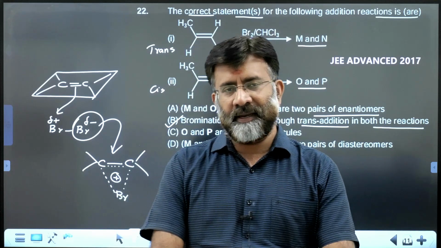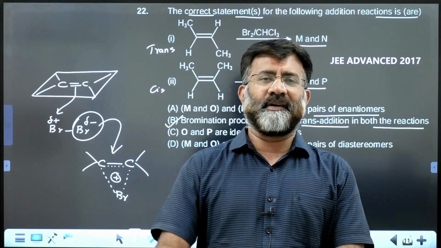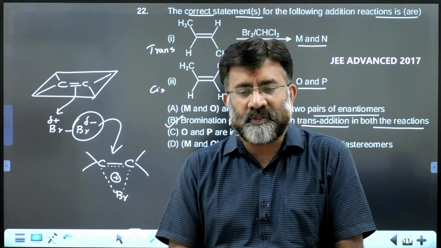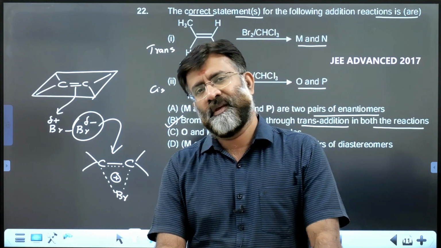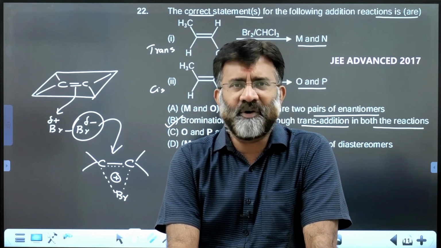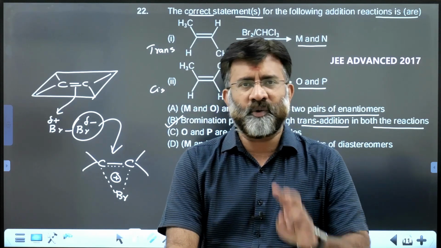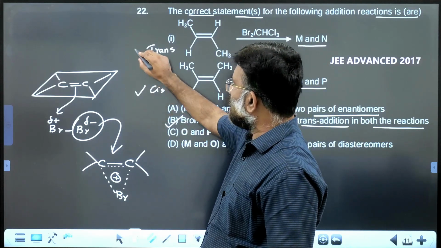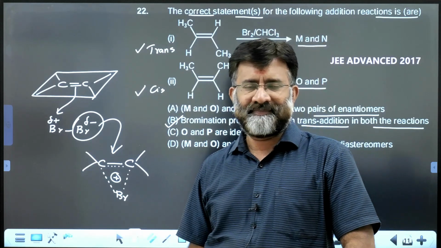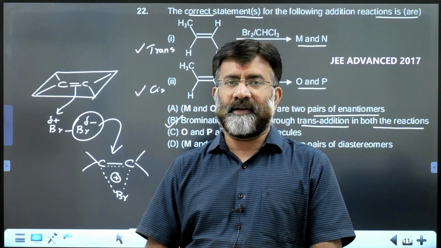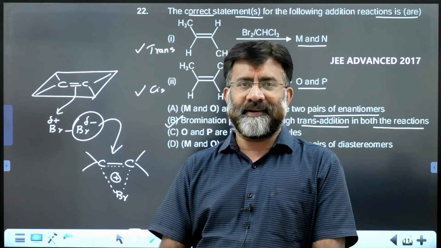Even otherwise, let me tell you how to understand the stereochemistry of such reactions. When you investigate the stereochemistry of such a reaction, many of you may be aware, there are two types of reactant molecules, one is cis and one is trans. There are two types of reaction, syn addition and anti-addition.